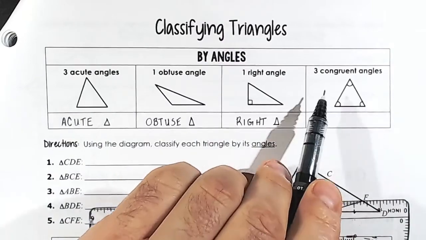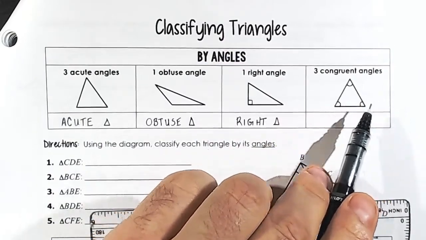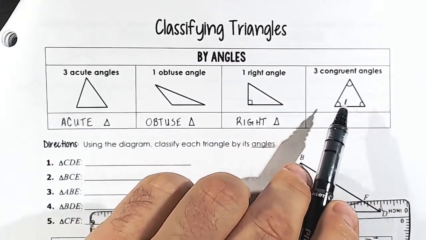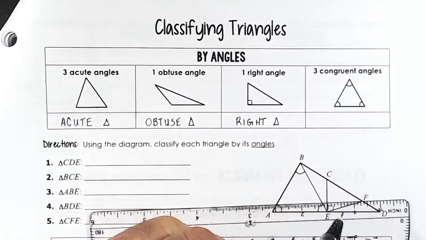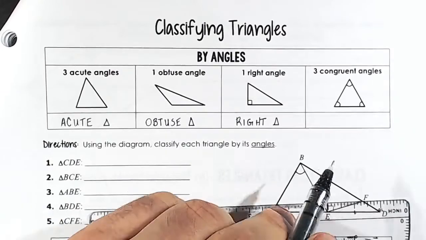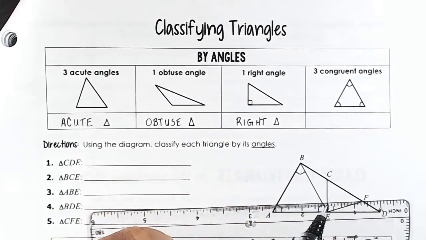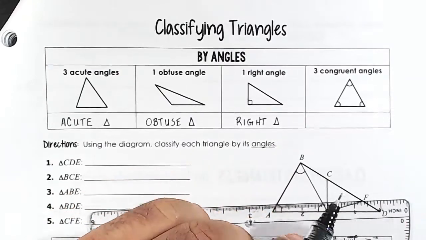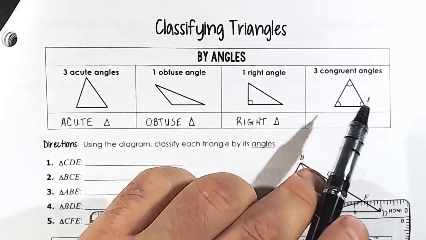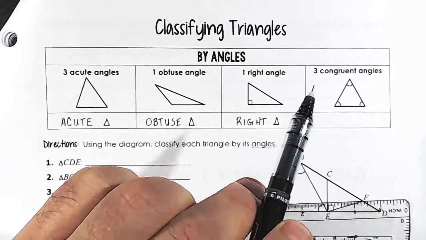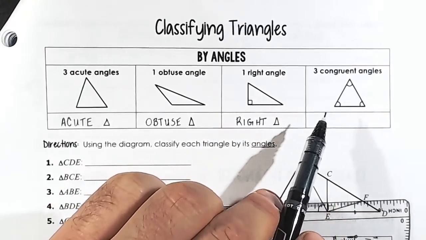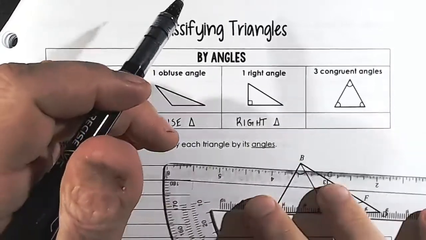And now we have a triangle that has three identical angles. They're all congruent, and incidentally, they're all acute. And we call this an equiangular triangle. We don't know anything about its sides yet, but its angles are all congruent, so we call it equiangular.